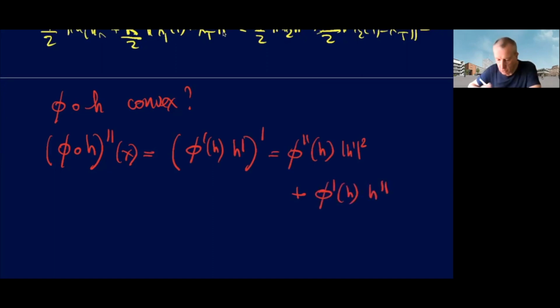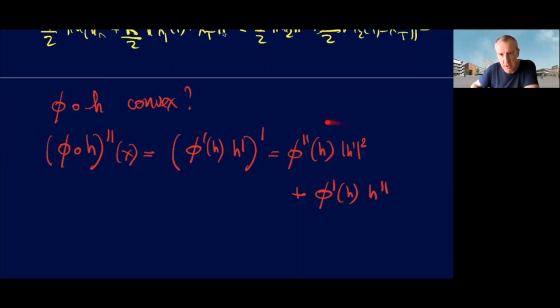So I have two terms now, 1 and 2. This one is very nice, it's positive, because this is the second derivative of phi. If phi is convex, the second derivative is positive. h prime squared is fine because it's the square of the first derivative. I don't mind the sign of the derivative of h. The square will always be positive.